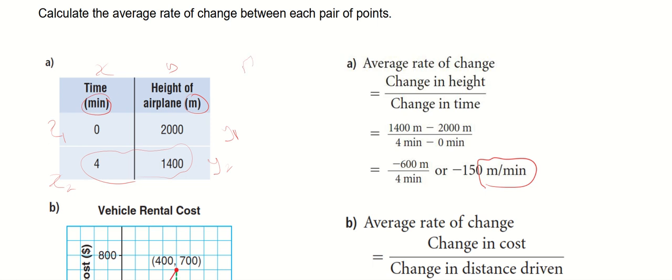So essentially it is meters over minutes, simply because height is expressed in meters and time in this case is expressed in minutes. So you either see it like that, or you may see it as meters slash minutes. People often do this because they just save space when they're writing things.